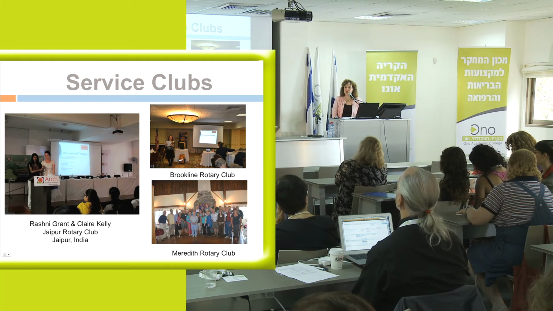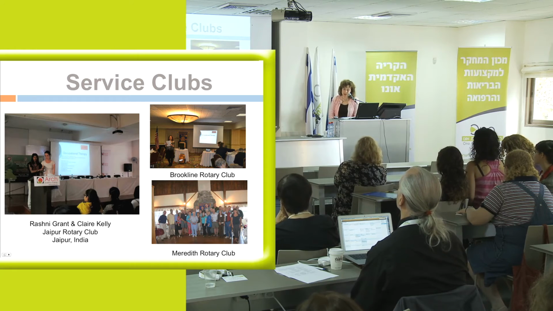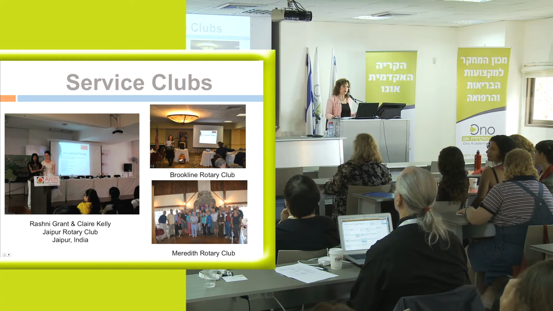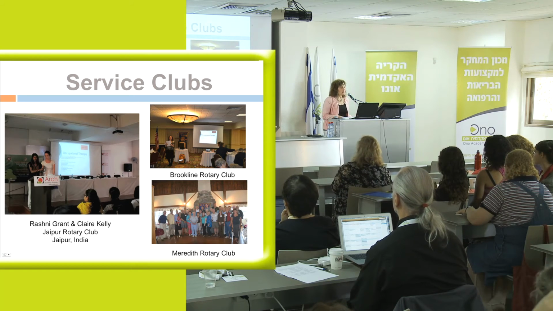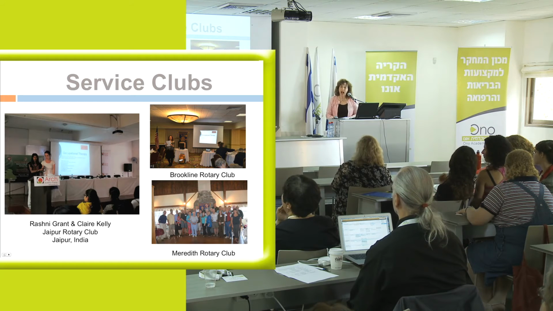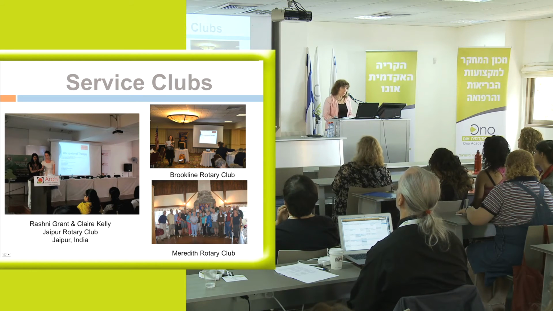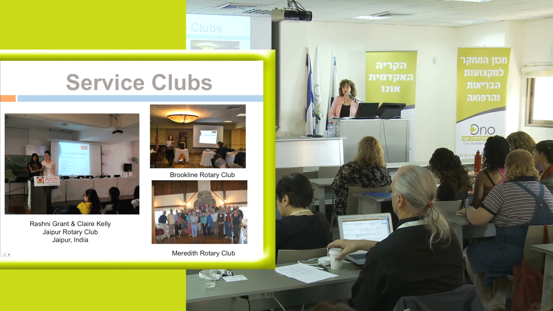I'd like to share 2 uses of initiatives in social marketing that I've used. I'm going to share with you one that failed and one that was successful. So besides being an occupational therapist, I'm a Rotarian. I think many of you are familiar with Rotary clubs. It's a service club, one of the largest in the world.